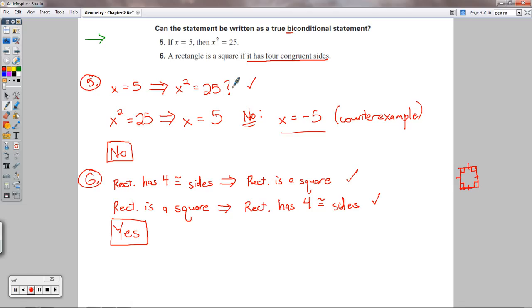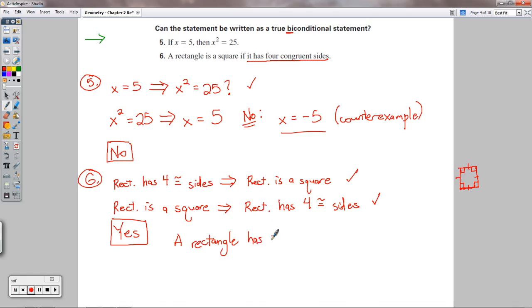And if you were to write it out, it doesn't ask you to do that here, but if you had to write it out, you would say a rectangle has 4 congruent sides if and only if it is a square. Going with the initial conditional statement the way it was written: if a rectangle has 4 congruent sides, then a rectangle is a square. If I start off with that thought, I'm going to put this part first.